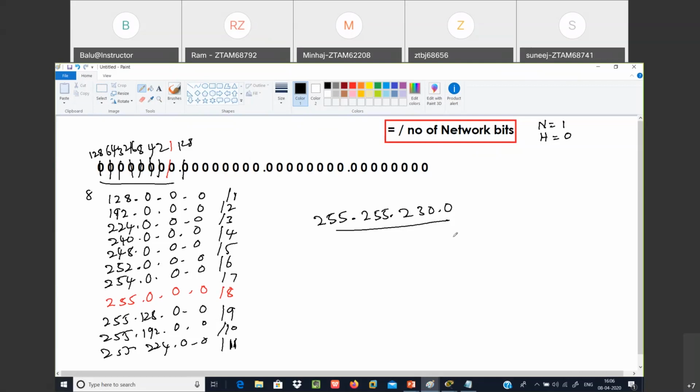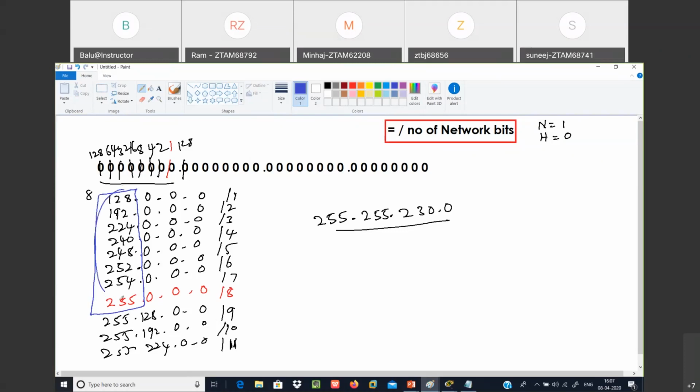Because the only possible subnet mask values are 128, 192, 224, 240, 248, 252, 254, 255. These are the only possible values, whether customized or default.